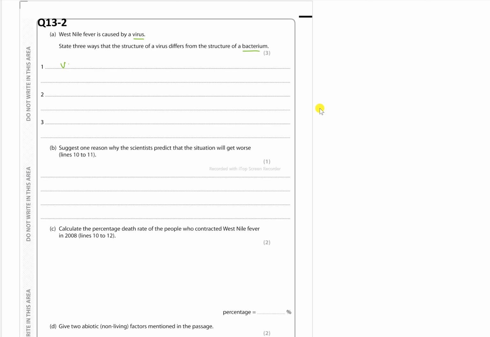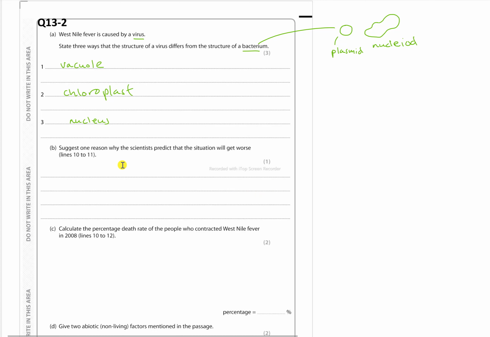So you have a vacuole, a chloroplast, and you have a nucleus. Remember, a bacterium or bacteria does not have a nucleus. Its genetic material is in a plasmid and a circular chromosome or a nucleoid. And that is a plasmid.